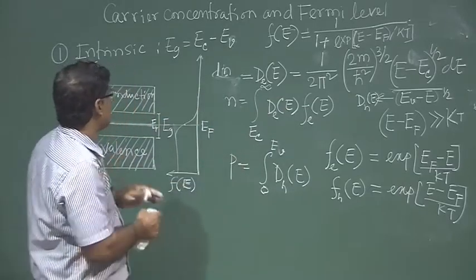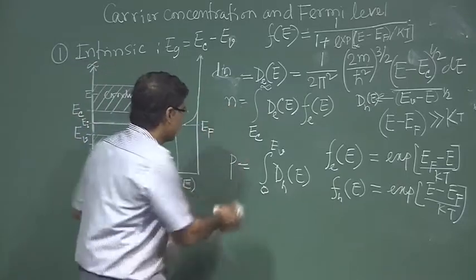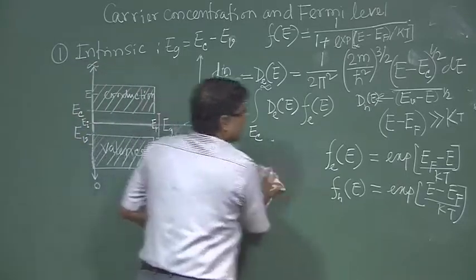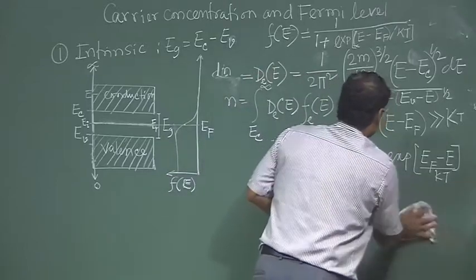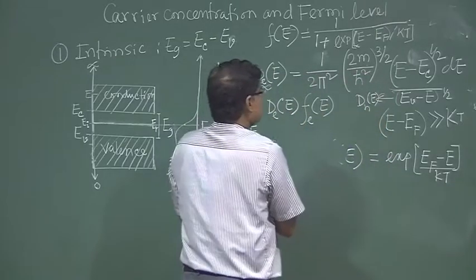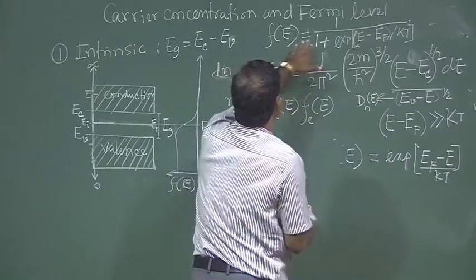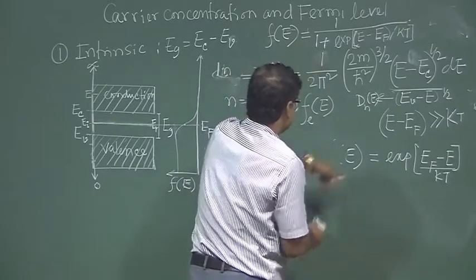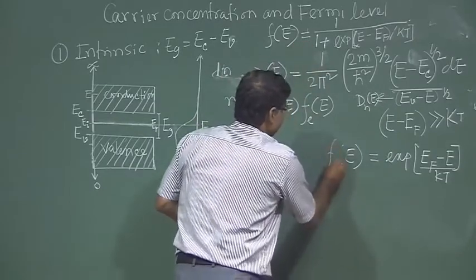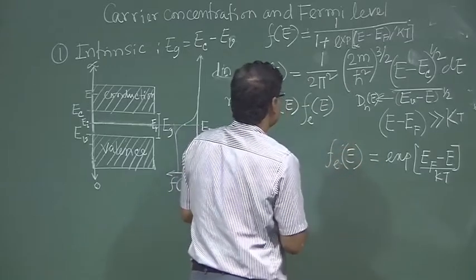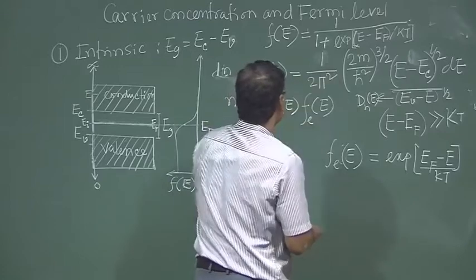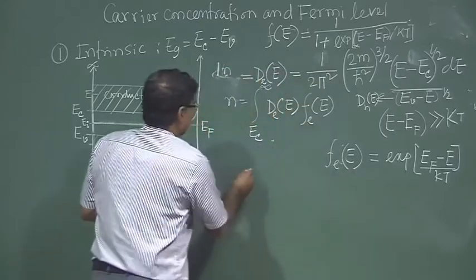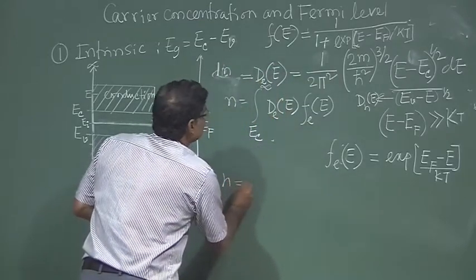So, just I want to calculate for this n. So, let me just forget this part. So, in this case, this is the density of states, this is the Fe I have to use, and dE is this one. So, n equal to what I will get?